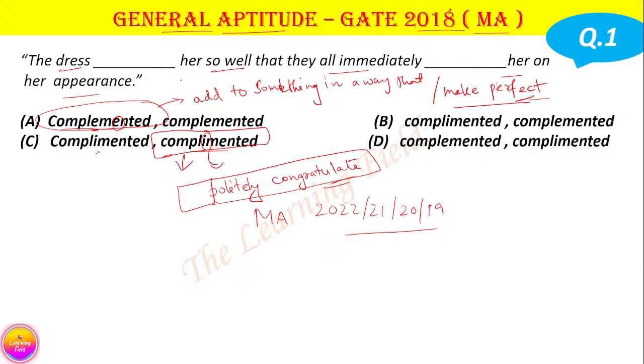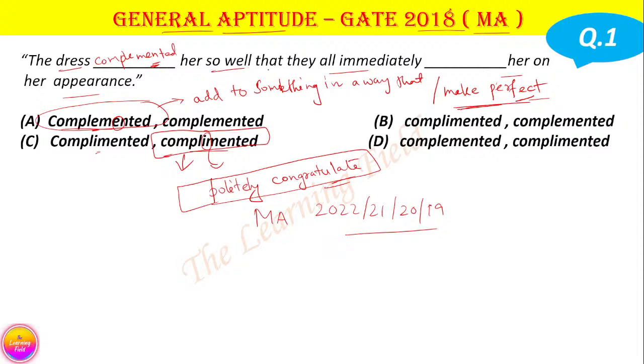So the dress makes her perfect, that means the dress suits her so well. Here the word is complemented, with an E, meaning makes perfect. The dress makes perfect for her, we say like that.